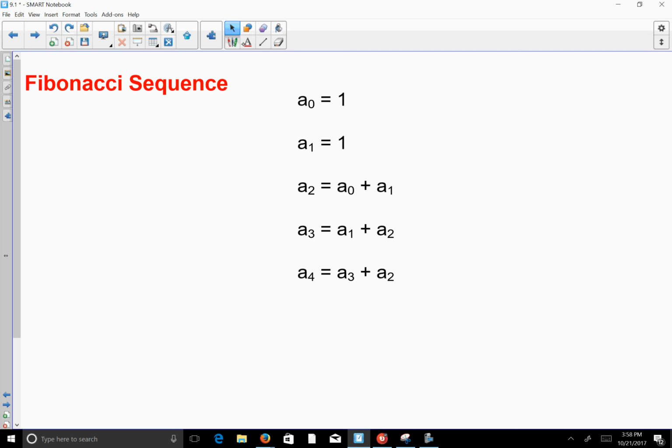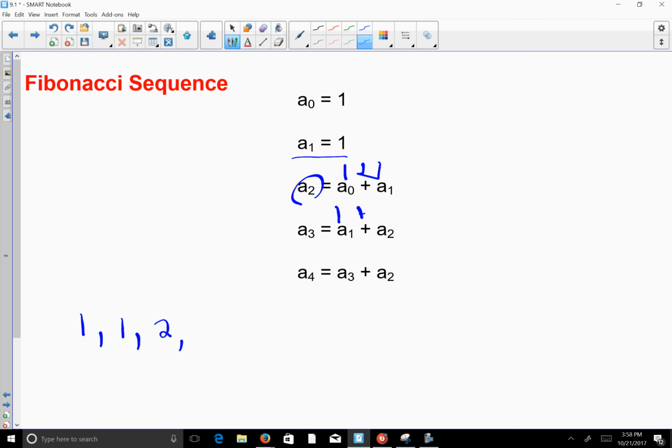So here I can see that I start with 1 and then 1. Then to get to the second term, I add 1 plus 1, which would be 2. To get to the third term, I add 1, which was the first term, plus 2, which was the second term, and I get 3.